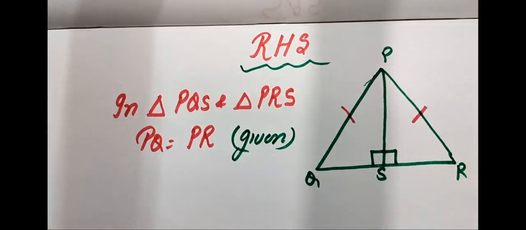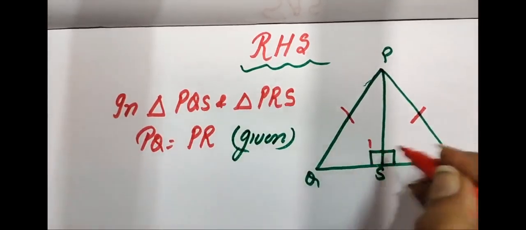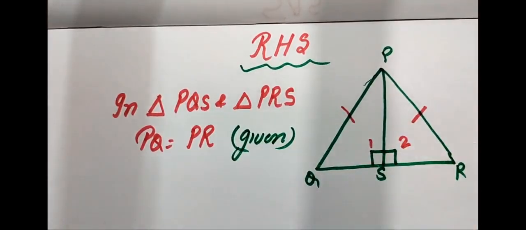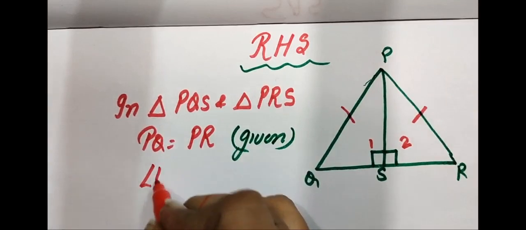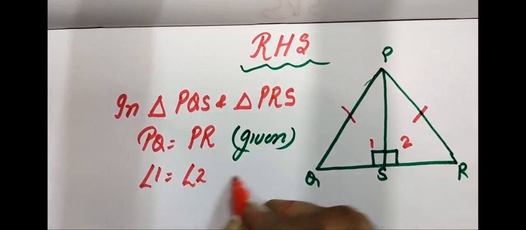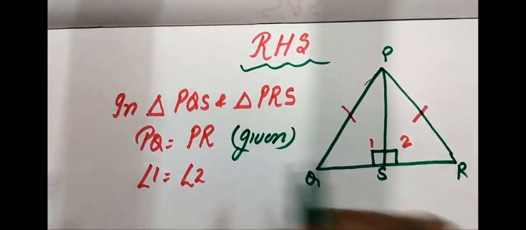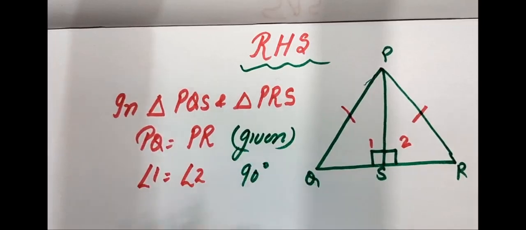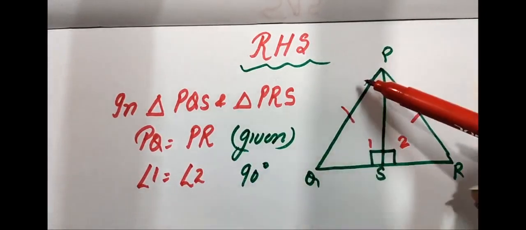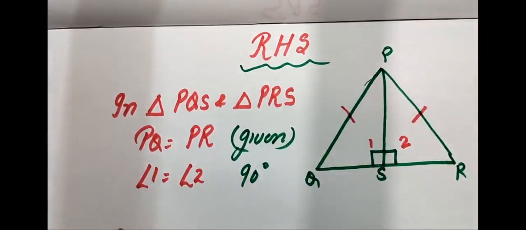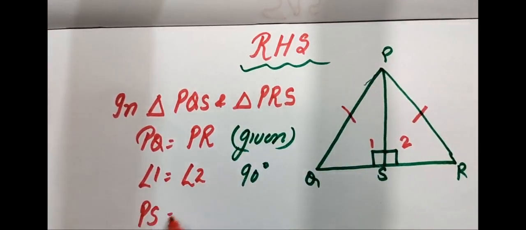So the next condition is the 90-degree angle. So first of all, label the diagrams. Label the angles please. Angle 1 is equal to angle 2 by 90-degree angles. These are 90-degree. Right. What about the third condition? Same, PS is equal to PS. That is the common side.